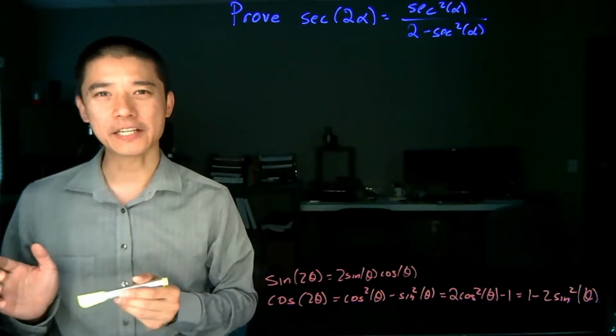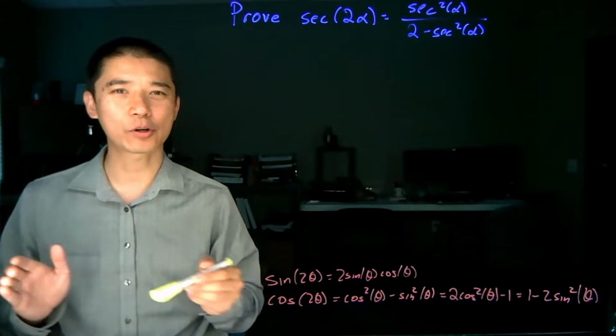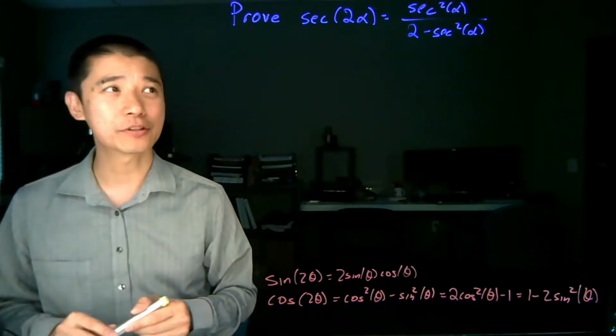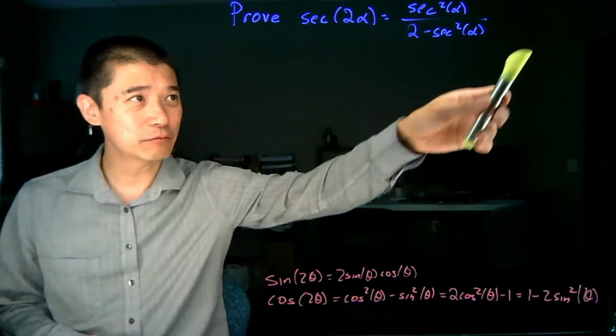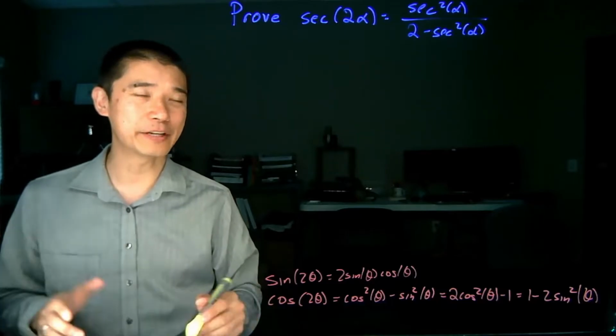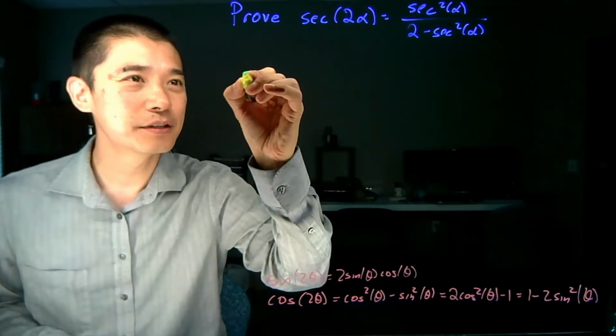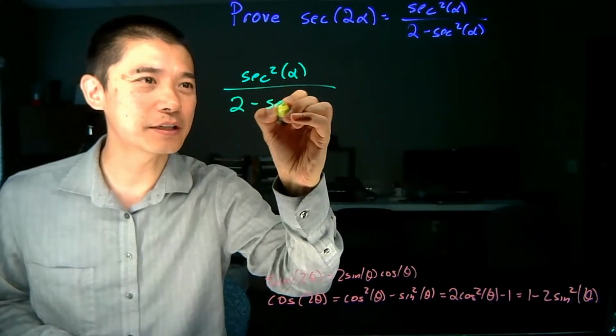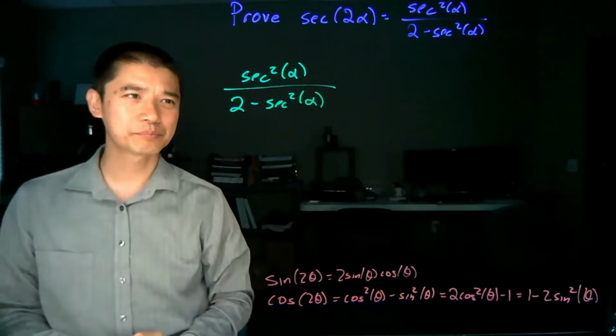We are proving an identity, so we need to start from one side and work our way to the other. And typically we start from the more complicated side and work our way towards the simpler. In this case, the right-hand side is the complicated side. It's a fraction with secants in the numerator and the denominator. So let's start there. Secant squared alpha over 2 minus secant squared alpha.